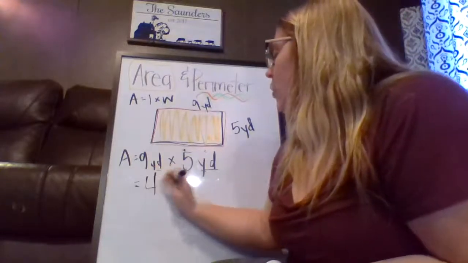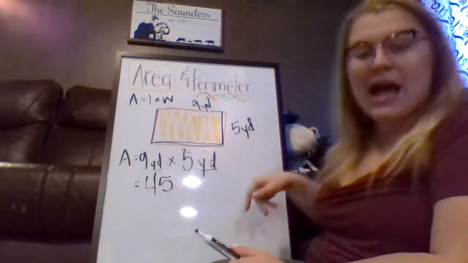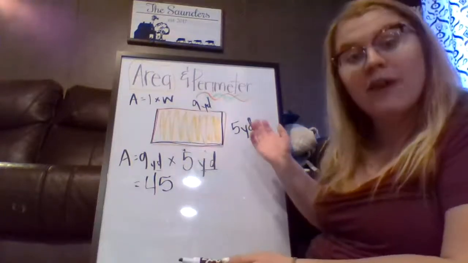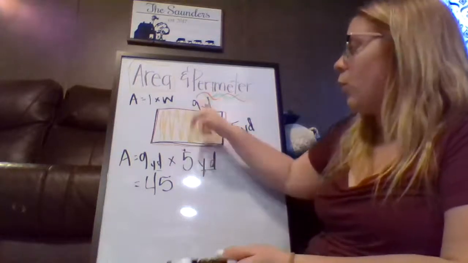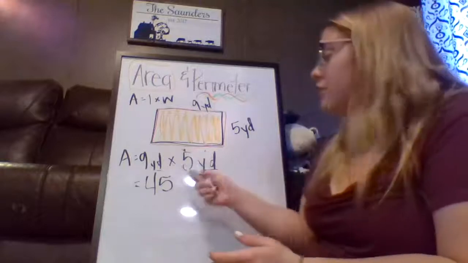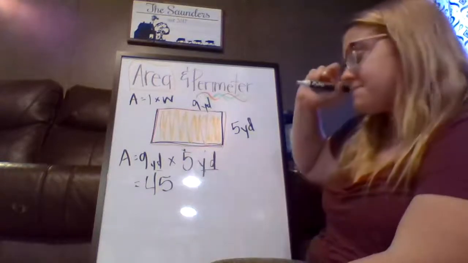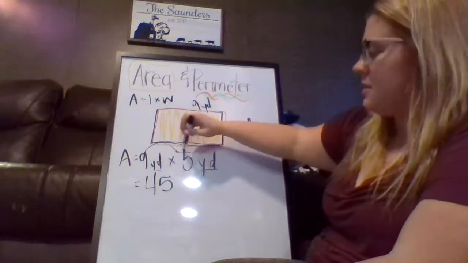So we know 45 is how much area his yard is, but 45 what? Our units are super important because what if I said it's 45 hippos? Well, I don't know what my unit is. You've got to know your unit. So we've multiplied our numbers.